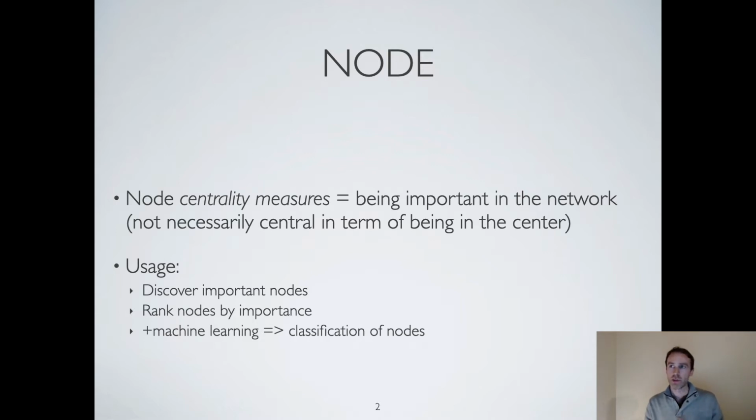This is maybe a little bit naive as a way to explain it, but basically that's the idea, and you can use these centralities to learn something else about the nodes.